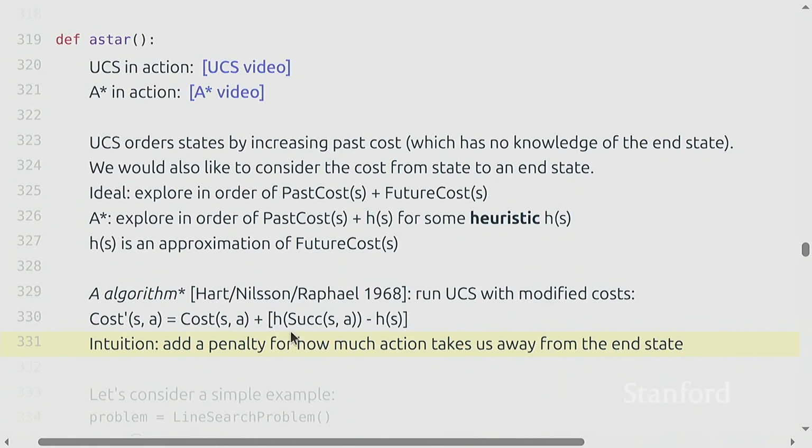Remember, I want cost to be small, which means I want this to be small, and this is relative to h of s. So if I'm moving very much closer to the end state, this quantity is going to be negative, right? And if I'm moving farther away, then this quantity is going to be positive.